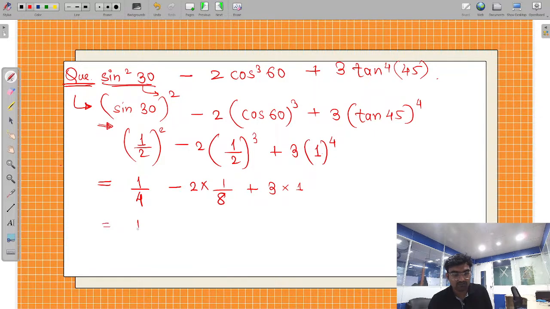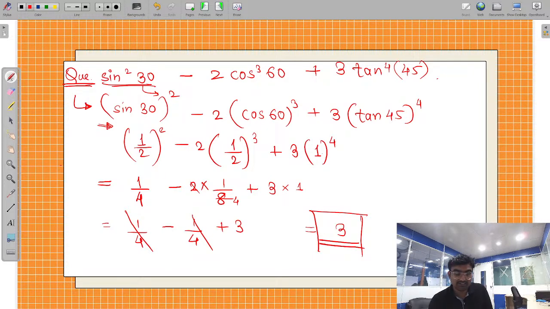So 1 by 4 minus, after cancelling this out, we'll get minus 1 by 4 plus 3. 1 by 4 cancelled, and 3 will be the answer.